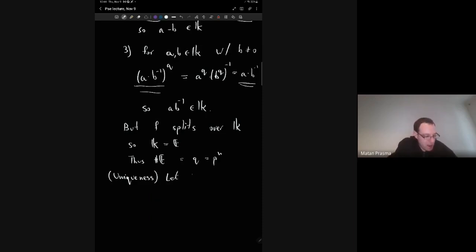So I take E, a field with Q equals P to the n elements. Then of course E must be of characteristic P, right?